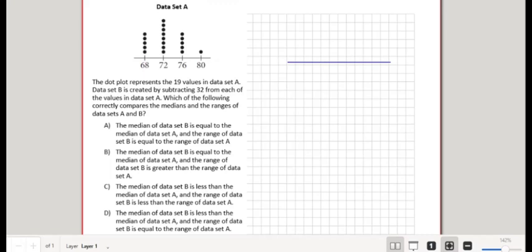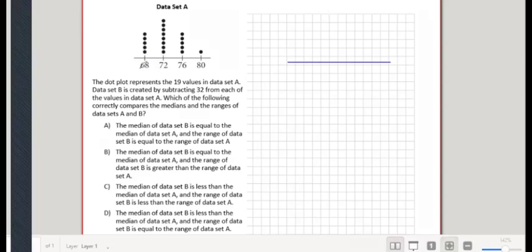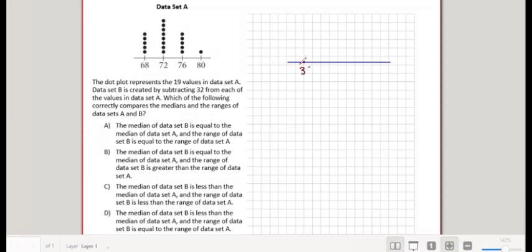So 68, when you subtract 32 from 68, you find 36. So we can start here writing 36. Then we can take this one and subtract 32 from this number. 72 becomes 40. Subtracting 32 from this one becomes 44, and then 48.